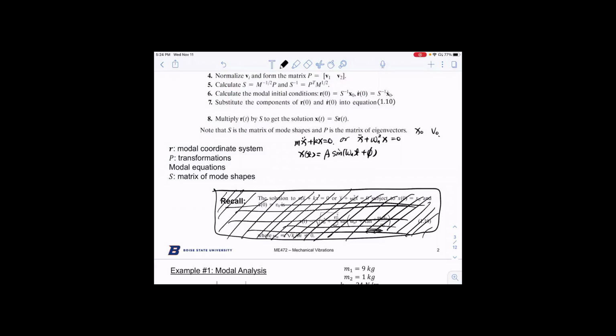You still use the same format, but it gives you a different way to solve it. So your phi will still be inverse tangent of omega n x naught over v naught, but then your A will be, let me see, x naught divided by sine phi.